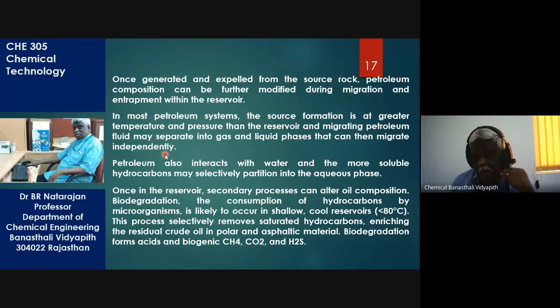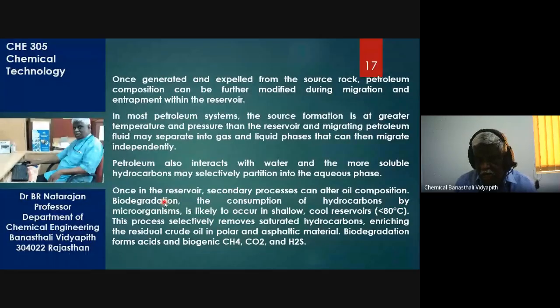Petroleum also interacts with water, and more soluble hydrocarbons may selectively partition into the aqueous phase. So, what do you call it? With water, oil is forming a sort of colloidal formation. When you pour oil in water, you'll see a colloidal formation. So such a formation is happening.